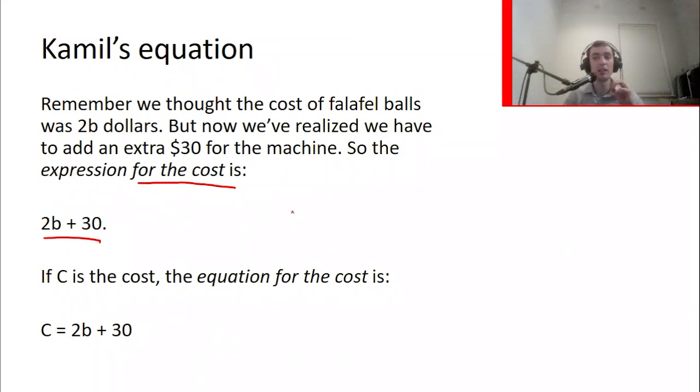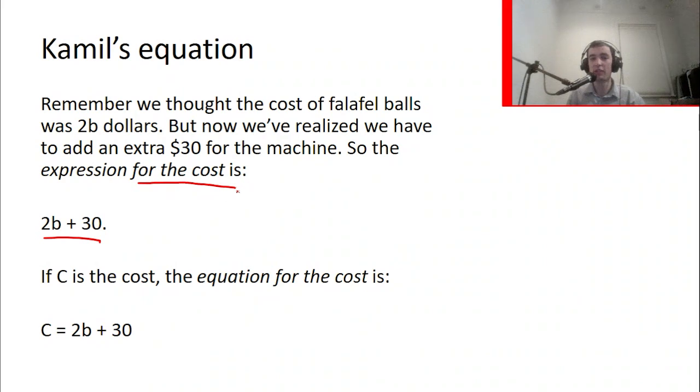This also may or may not be factually correct in terms of falafel balls. I'm not really sure how to make them. This is just how I imagine you can make them. But it's correct in terms of maths. The maths is right. So $30 for a falafel ball machine, you at least have to pay that. And then for every falafel ball you make, you pay an extra $2.